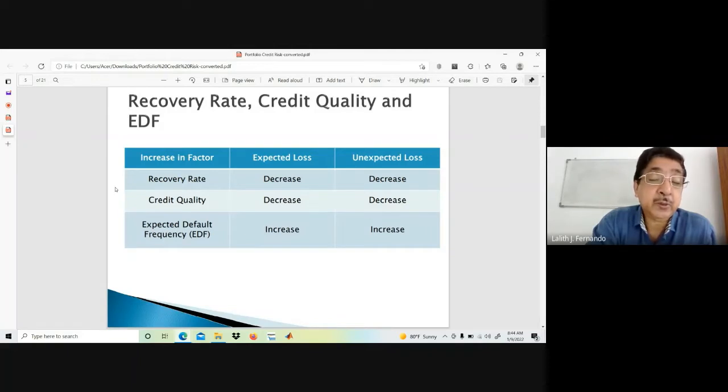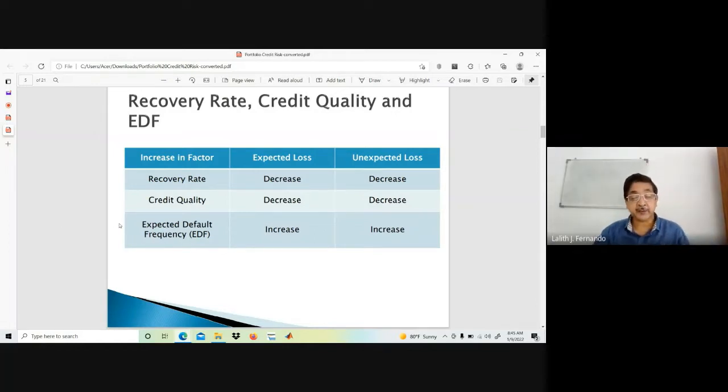I think you can make a note on this: with a very minute increase in expected default frequency, there would be an exponential increase in unexpected loss. So this is the factor we need to understand.